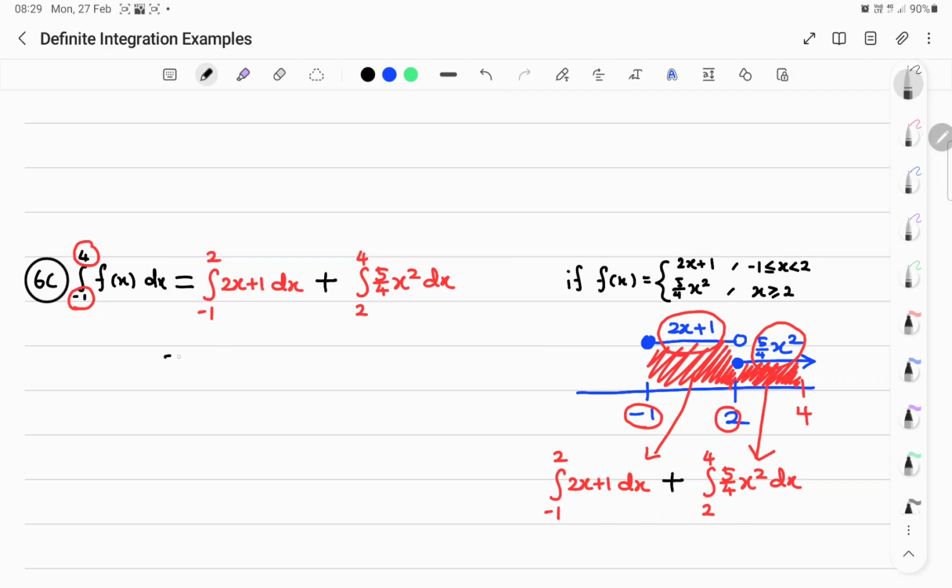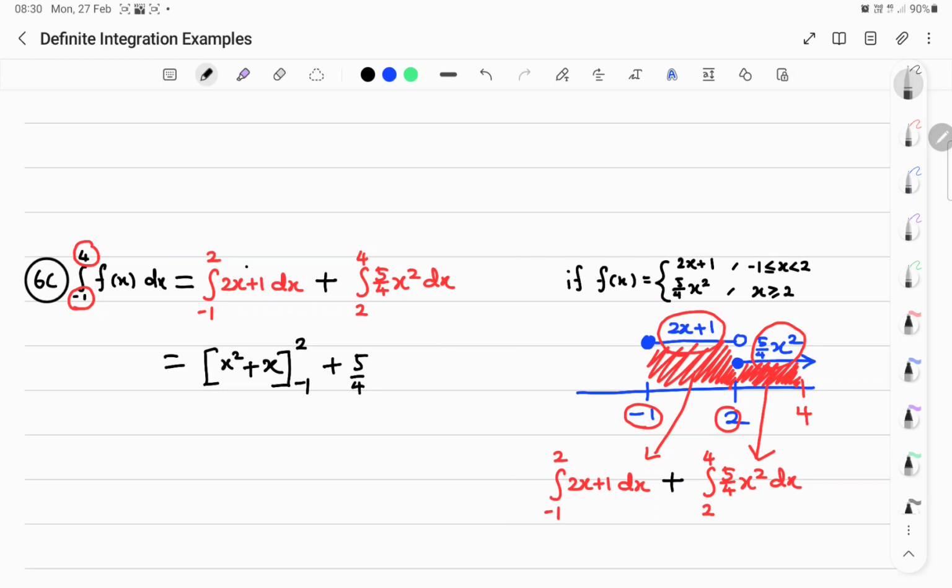Okay, let's continue this one. So 2x becomes 2x squared over 2. Can cancel the 2. Plus x, close everything with the box and then put the lower limit and upper limit. The next one, 5 over 4 here is a constant, we can put it outside. Otherwise you just keep repeating 5 over 4 so many times inside the big bracket.